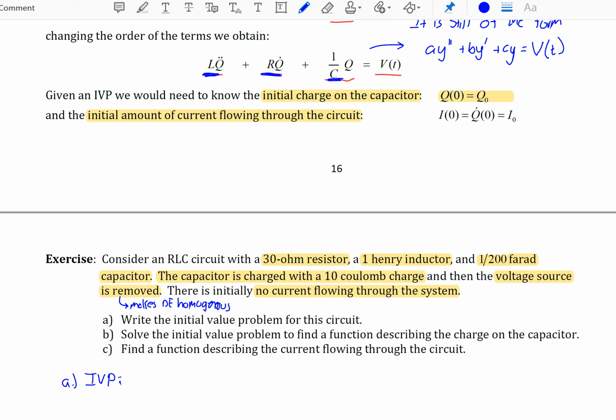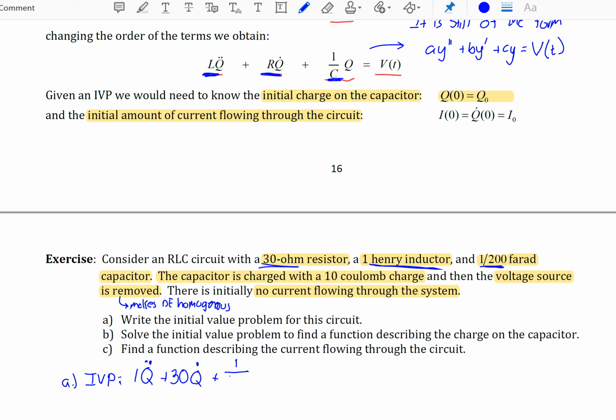So we had a 1 Henry inductor, so just 1 Q double dot, a 30 ohm resistor, so plus 30 Q dot, and a 1/200th farad capacitor.